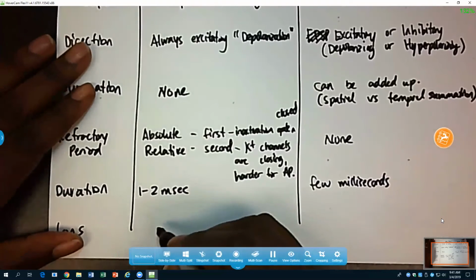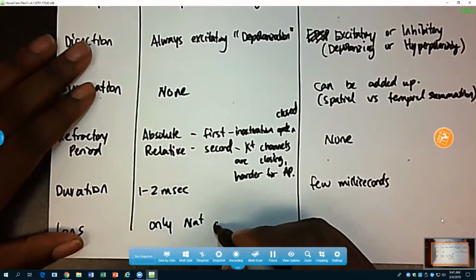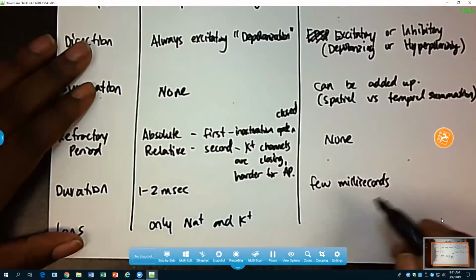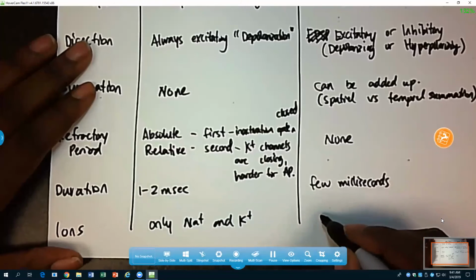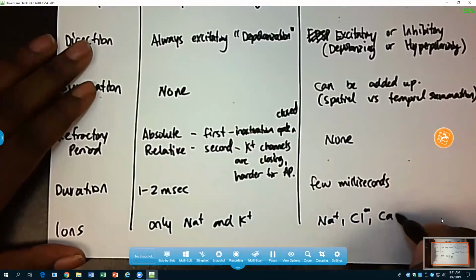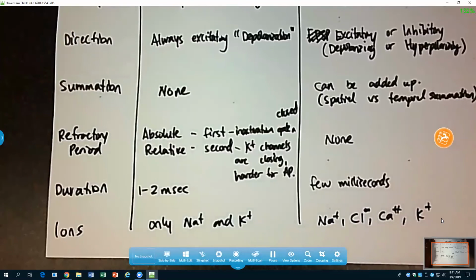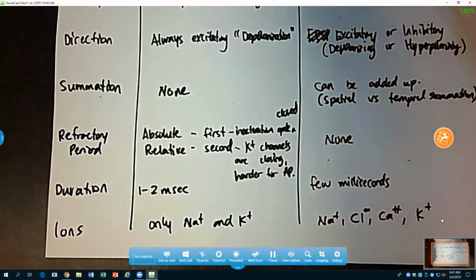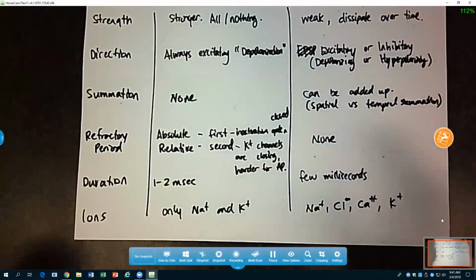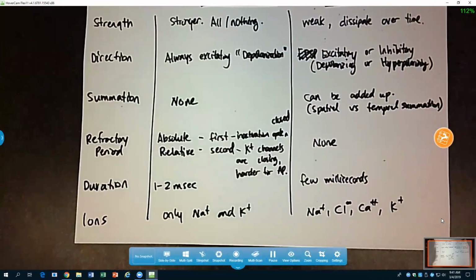Only sodium and potassium. Perfect. For the graded potentials, we have different ion movements. So it could be sodium, chloride, calcium, potassium, so all the other ions are moving for graded potentials, depending on if it's excitatory or inhibitory. Whereas for the action potential, only the movement of sodium and potassium are relevant.